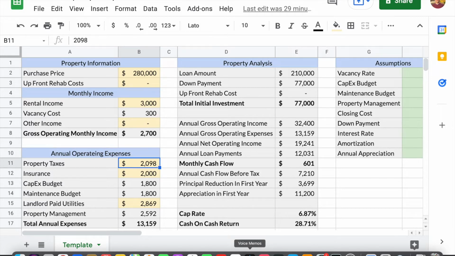Moving down to the cost section on the left hand side, we have property taxes in cell B11, which is entered manually. Similarly, you have the cost of insurance that is again entered manually in cell B12. The next two cells are formulas that calculate costs associated with maintaining the property. Both are assumed to be 5% of the annual rental income. Maintenance budget is money spent in order to upkeep the property.